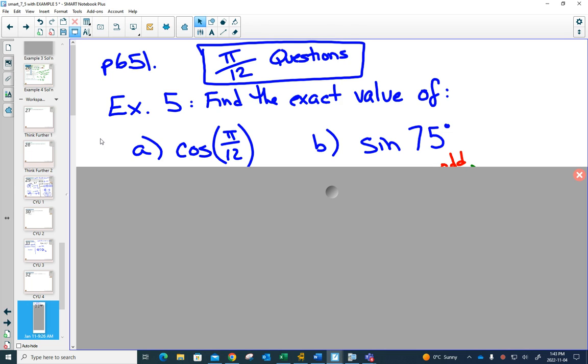The pi over 12 questions, or the 15-degree angle questions. Without our calculators, we need to find the exact value of cos of pi over 12. So the strategy that we're going to use is the following.